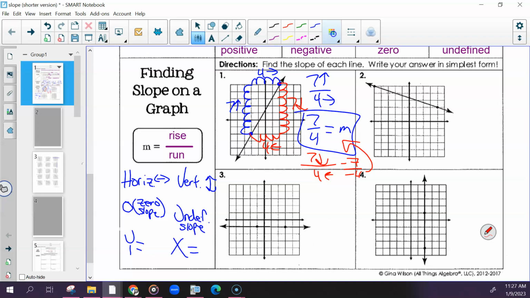So for number 2, again, there are points already for you, but if you didn't see those, you would just find other points that cross the grid lines exactly. Count our rise. How far did we go down? 3.